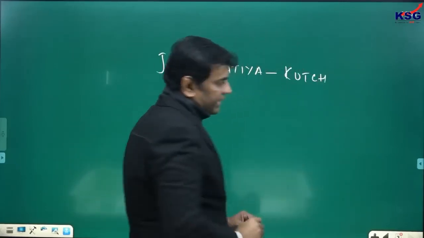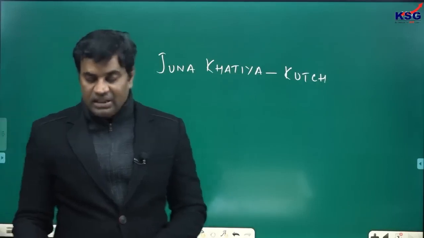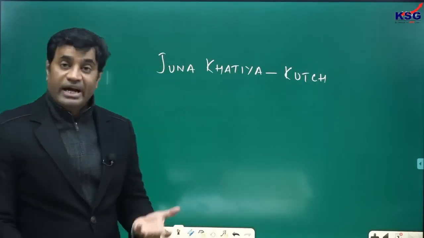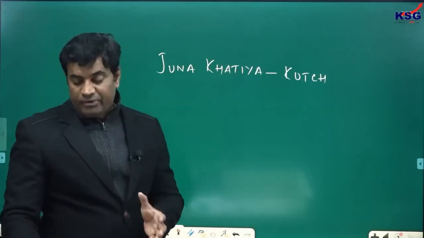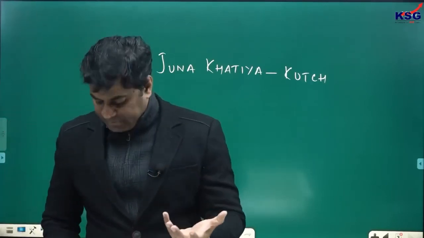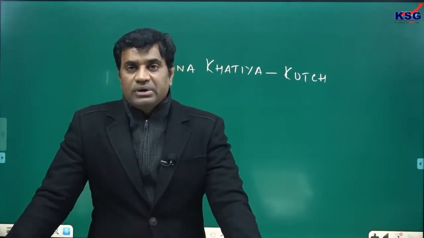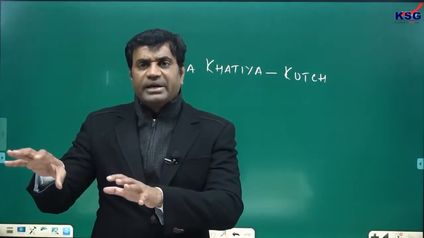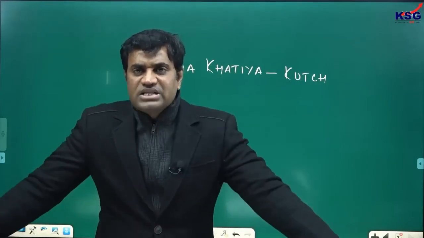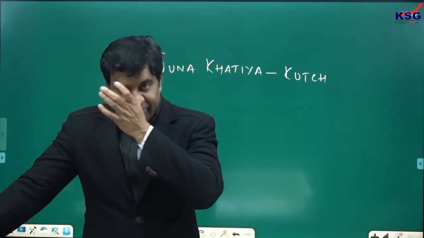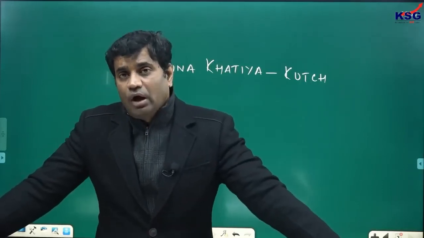And in this village, a large number of remains of Harappan civilization has been found. In fact, this village is known for a very important burial system. In this burial system, a large number of skeletons has been found along with other items kept in the graves. So a large number of Harappan graves has been excavated in Juna Khatia village in the Kutch district of Gujarat.